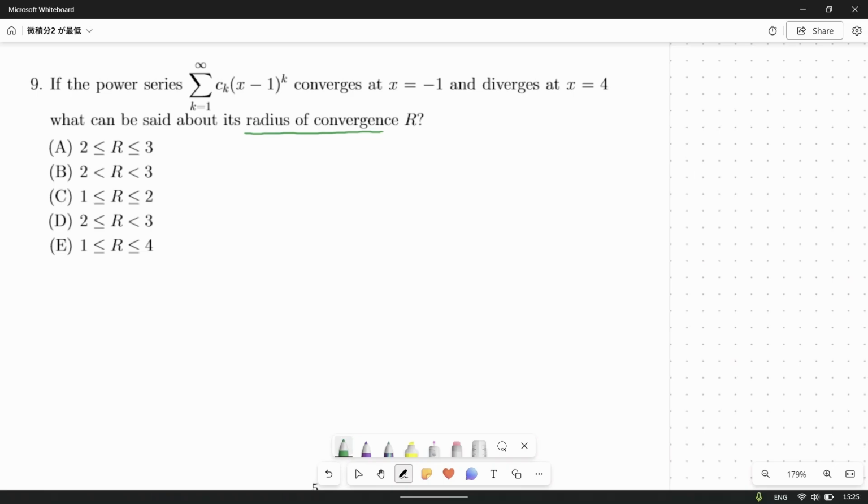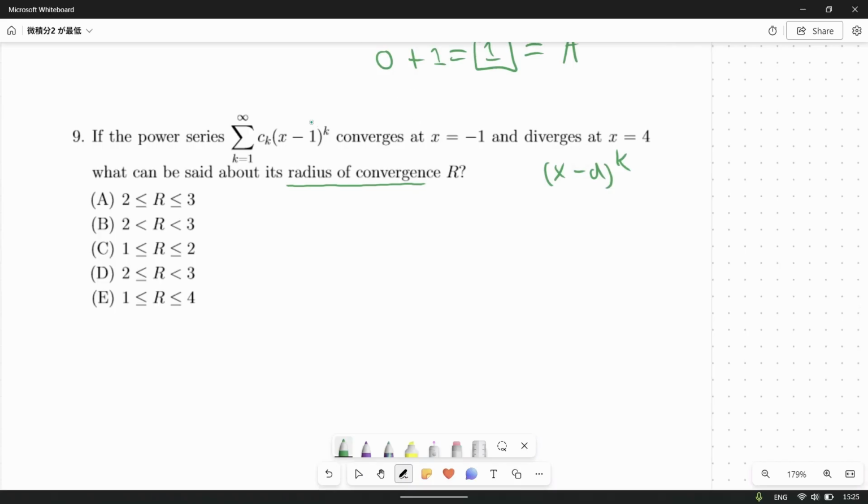And one thing to note with power series is that, let's say we have a term like x minus a to the k power. With a power series, regardless of its interval of convergence, we know that it's guaranteed to converge when x is equal to a.